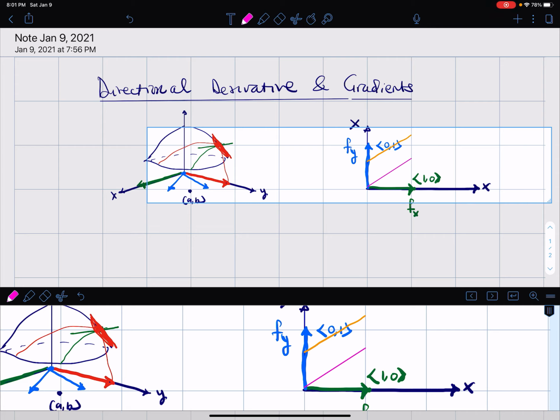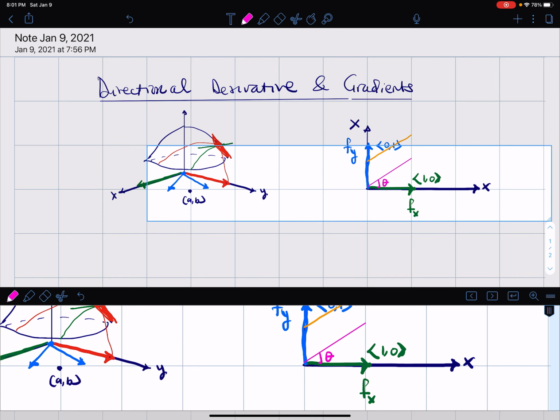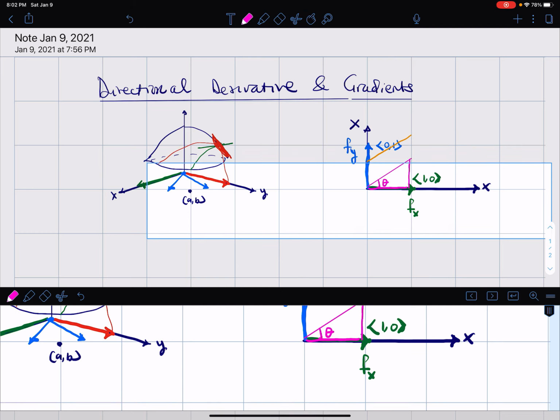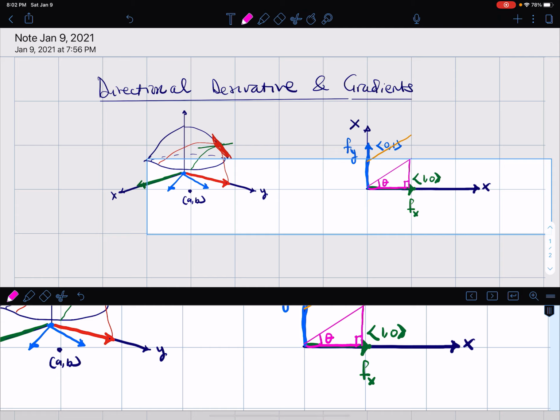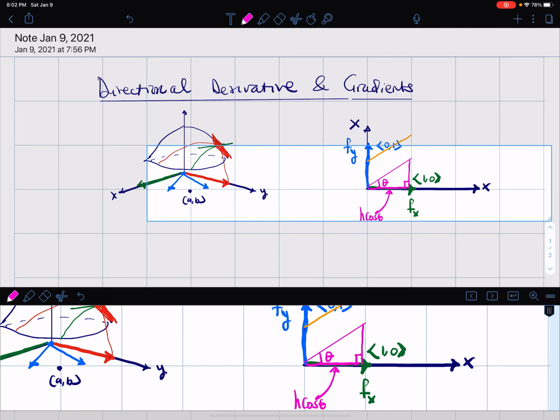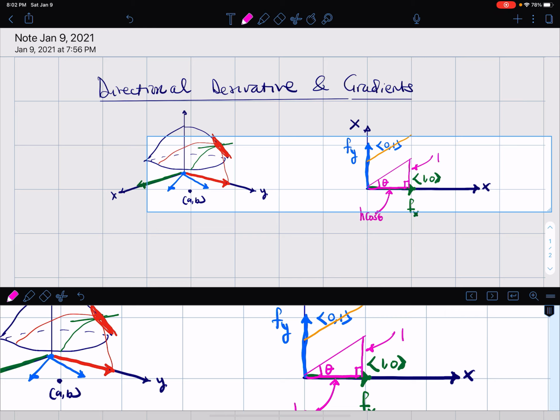So this is a unit vector. And if this angle is, say, theta, okay, then if you try to complete the right angle triangle, this part of this right angle triangle would be h cosine theta, and this part would be h sine theta.